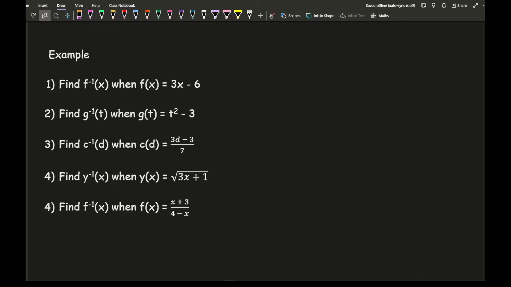So looking at question 1, I'm going to start by just writing out the function, which is 3x minus 6. So the first step is we replace f of x with y, like so. And then what we want to do is make x the subject or solve this for x.